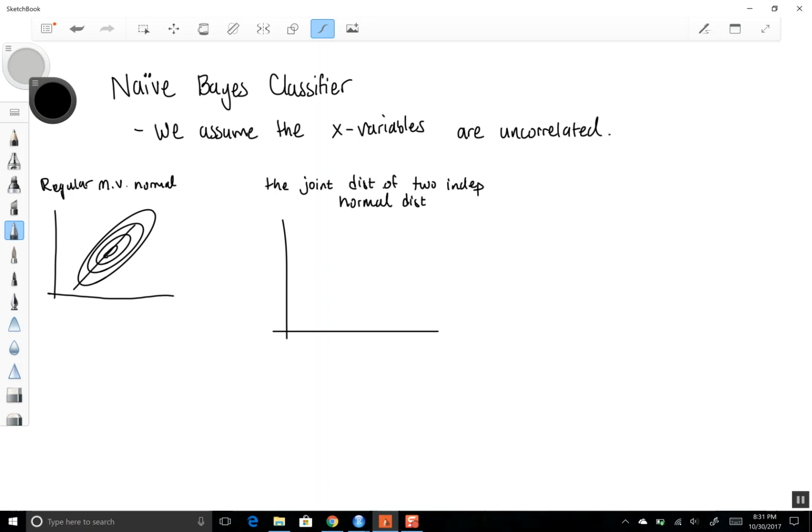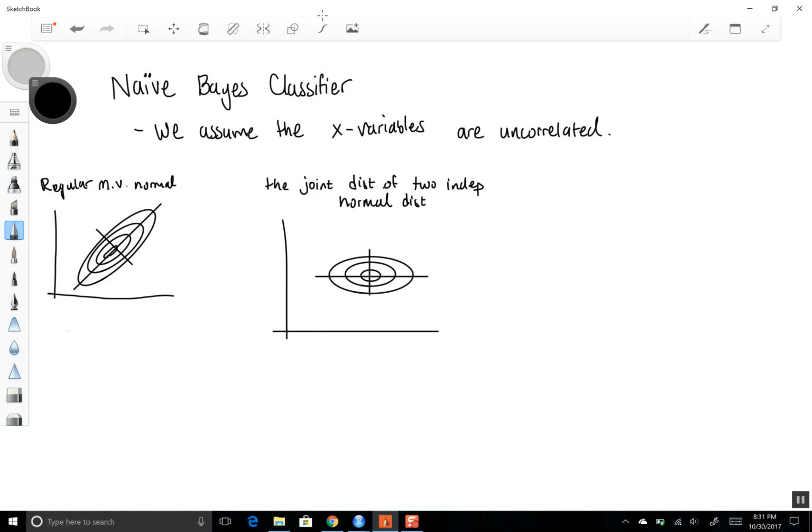Over here you have some kind of covariance. With two independent normals, they are orthogonal to each other, and so your distributions will look something like this.